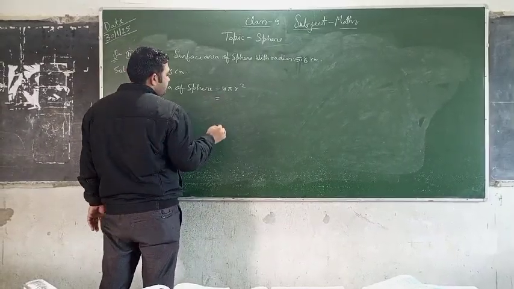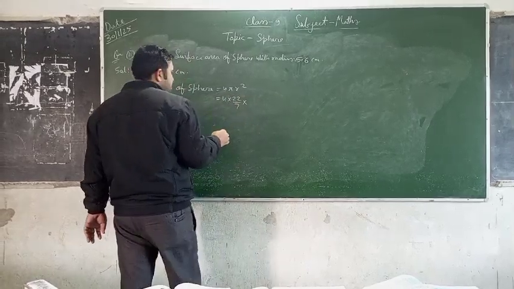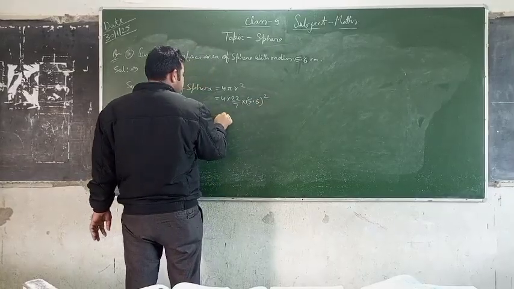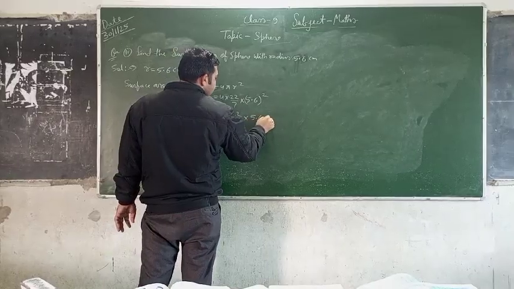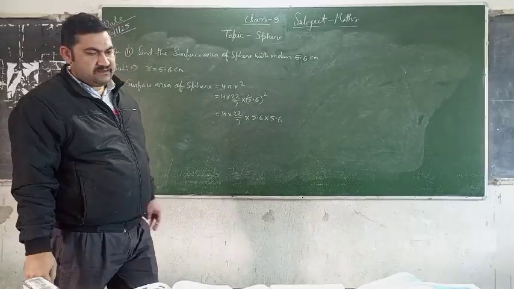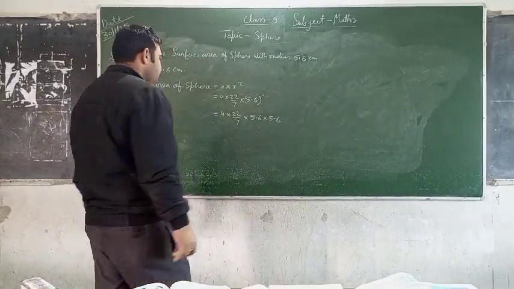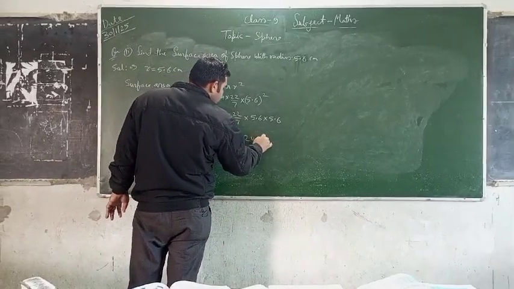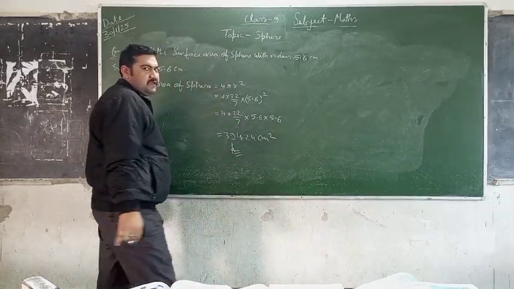Put the value of pi and r: 4 into 22 by 7 into 5.6 the whole square. Multiply all of this, we will get 394.24 centimeters square, and this is your answer.